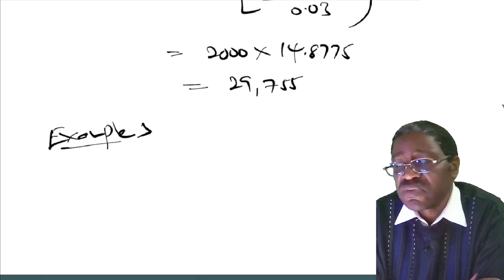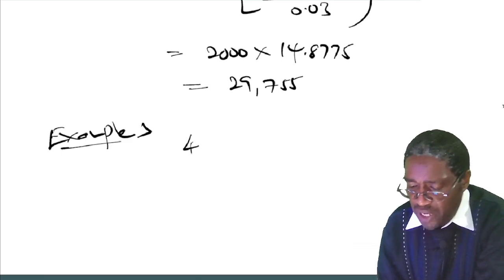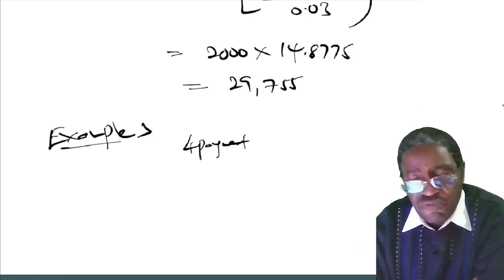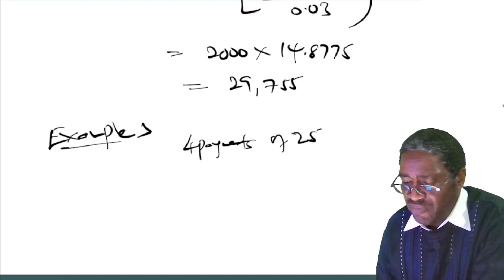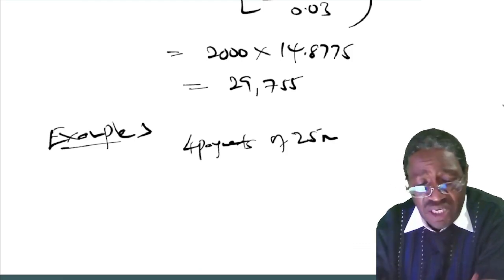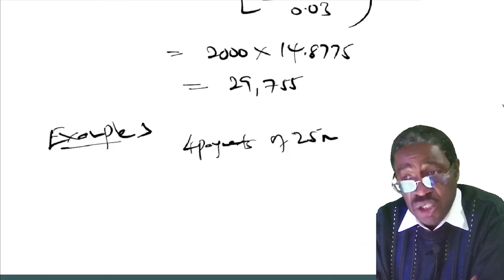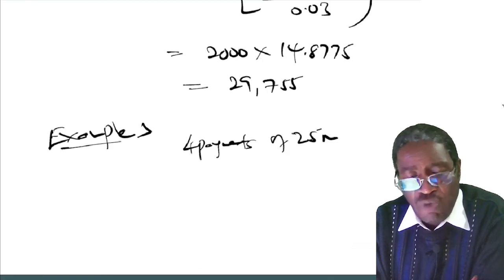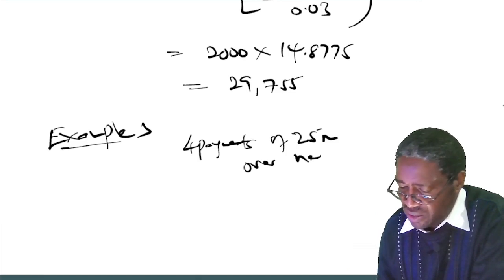Another paragraph. You may take 4 payments of shillings 25 million each over the next 4 years.